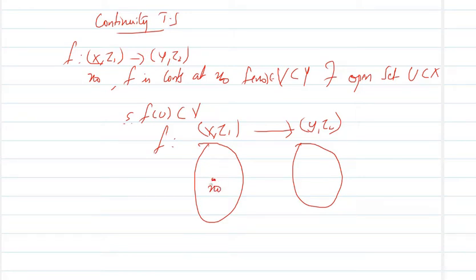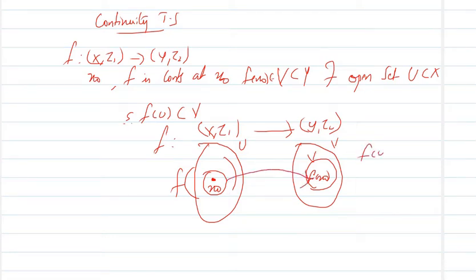Then we say that f is continuous at this particular point if for every open set containing f of x naught, we call it V because generally we take open sets in the domain space as U and in the range space as V. So for every open set V containing f of x naught, there exists an open set U in X containing x naught such that f of U is contained in V. In such a case, we say that f is continuous at the point x naught.